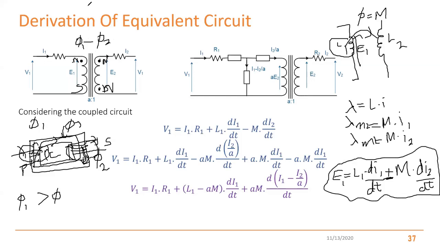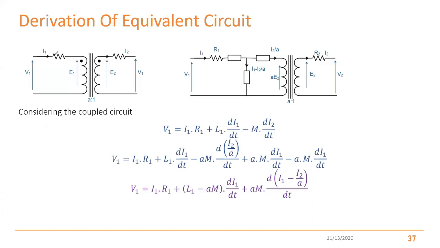Likewise, for our purpose, we can consider our transformer model like this. Suppose the transformer ratio is a to 1. This is the coupled circuit.